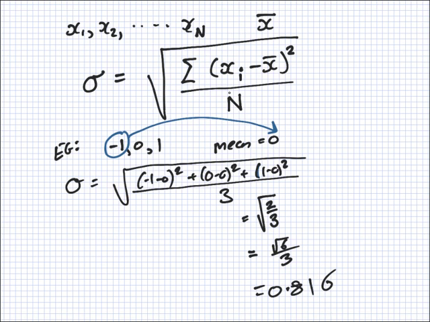So, difference. How far away is 6 from the mean? 0.4. So in other words, the distance between 6 and the mean is 0.4.